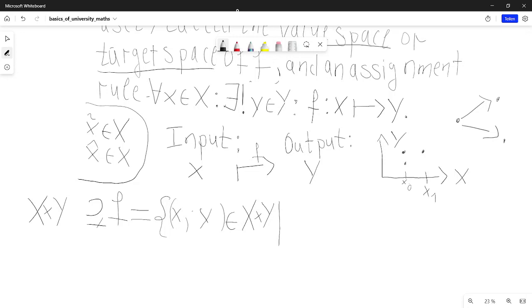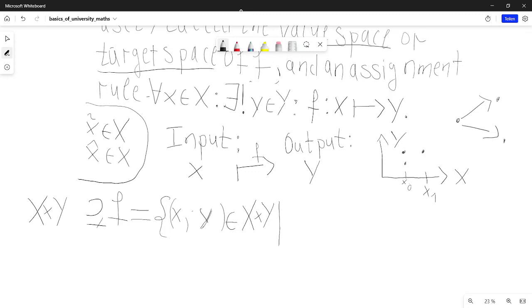Well, what do we require? Actually, we should now impose this condition of unique existence of such a y for x.